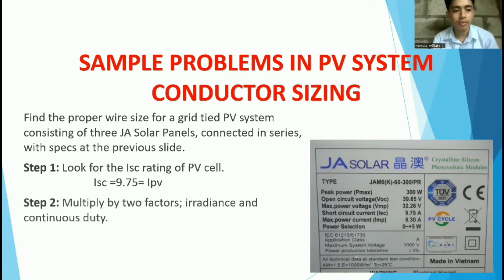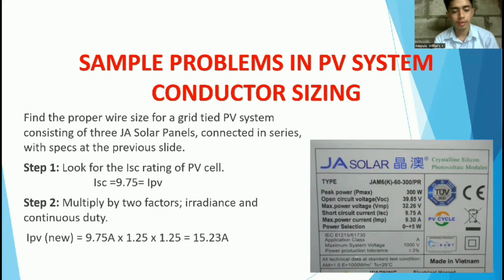Then, step 2, multiply by 2 factors by irradiance and continuous duty. Yung irradiance, ito yung excess sun rays, and the continuous duty naman, ito yung 3 hours or more na service ng ating solar power system.